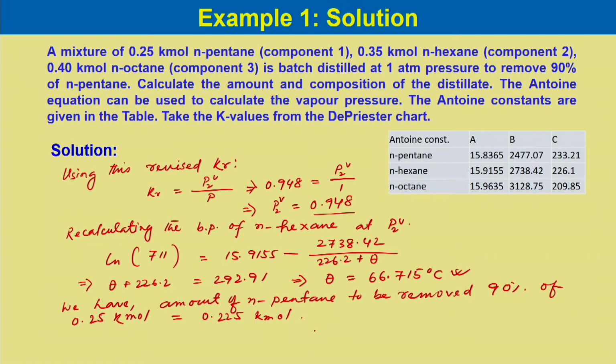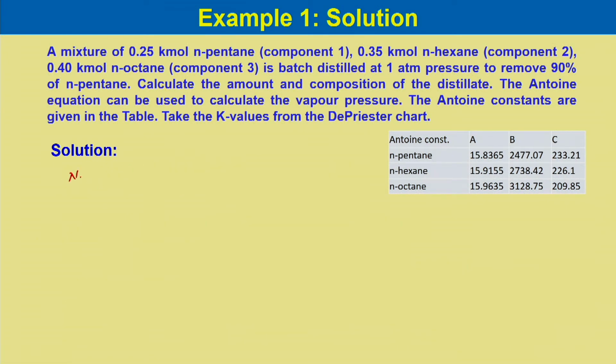So, the amount of pentane that remains is 0.025 kilomole. Now, at 66.715 degree centigrade, we can calculate the vapor pressure for component 1 and component 3, that is pentane and N-octane.